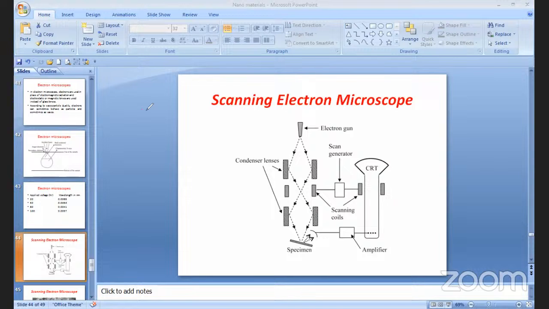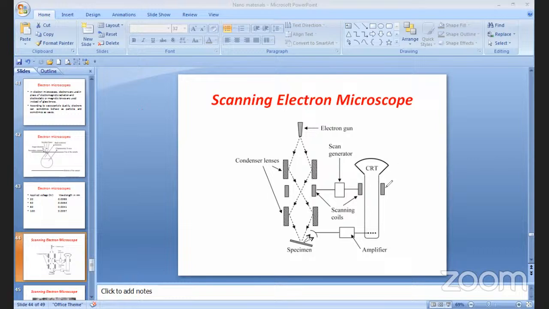The scanning electron microscope. If you see the figure, we have the essential parts of the scanning electron microscope shown here. In the scanning electron microscope, electrons are emitted from a hot filament generally.